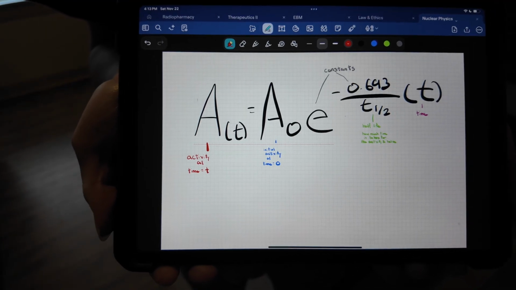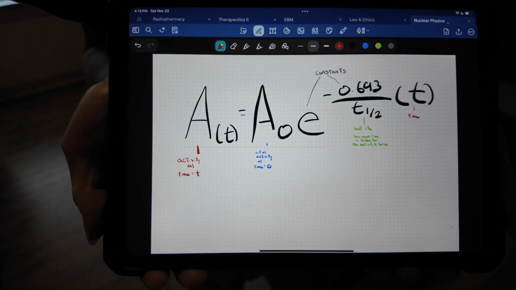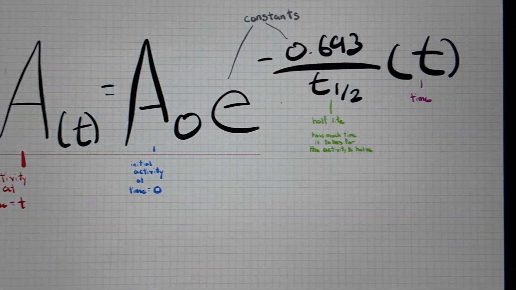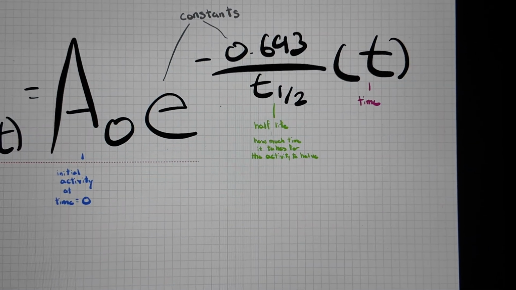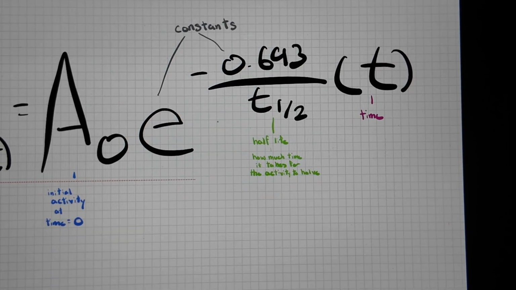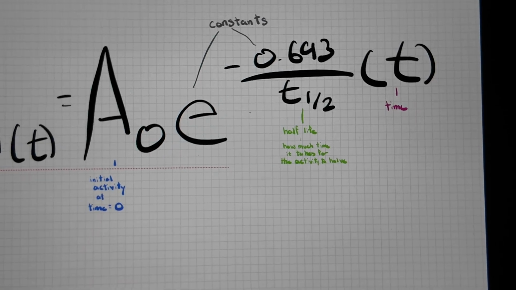The amount of liquid at time t represented by A of t. Then we have half-life, which is part of lambda, which is represented by the viscosity of the liquid in the bags, and then we have time.